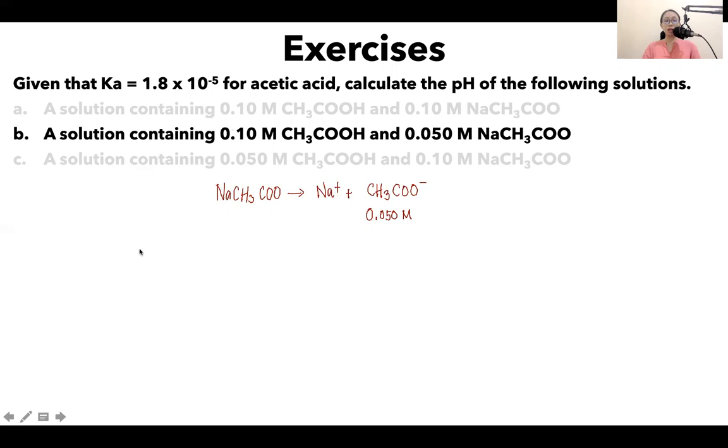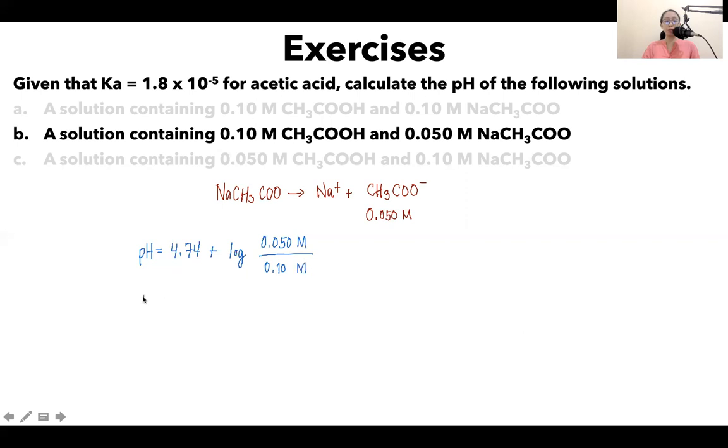So in our Henderson-Hasselbalch equation, we actually know the value of pKa, which was solved in the previous item. So that's 4.74 plus the logarithm of the concentration of the conjugate base, which is 0.050 molar, divided by the concentration of the weak acid, which is 0.10 molar.